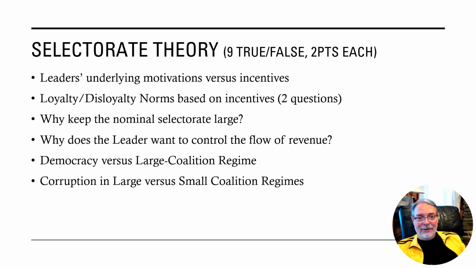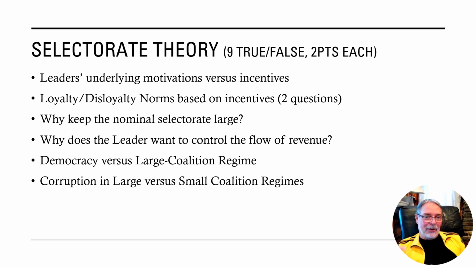Corruption. Speaking of differences between large and small coalition regimes, corruption. In a small coalition regime, it's how it works, right? The corruption's the point. That is how you maintain power, and it is rife, right? Doesn't mean that it doesn't exist in a large coalition regime, because it's still good to pay off your supporters, right?